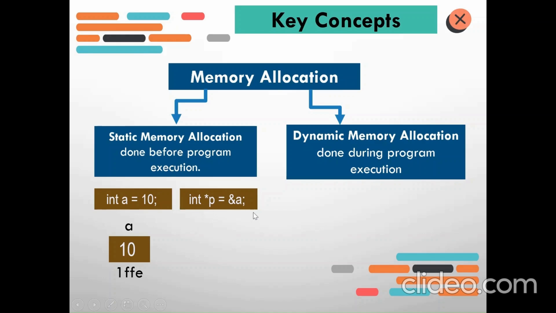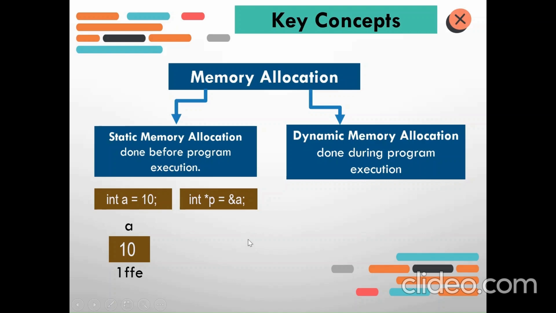I was alluding to that in the previous slide, that if you are storing the address of a structure variable, that pointer variable also should be declared as a structure variable, right? So since p is storing the address of a here, which is an integer, we need to assign p a data type, declared as an integer variable or integer pointer.